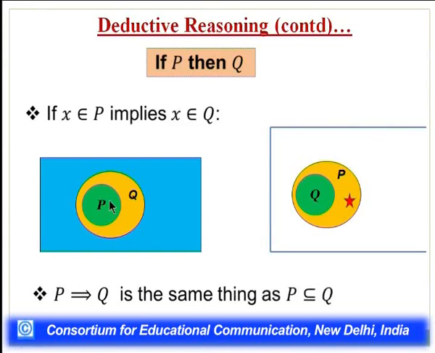So, if X belongs to P, X automatically belongs to Q.